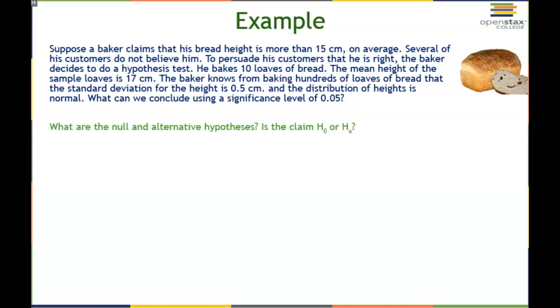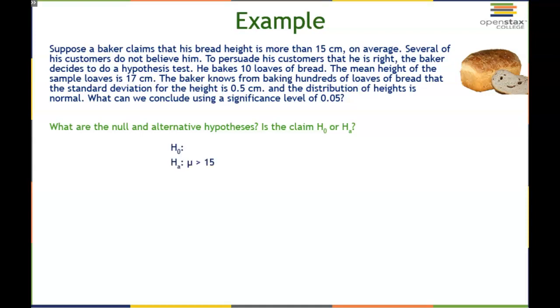Let's first figure out what our null and alternative hypotheses are, and is the claim in H0 or H1? Now he claims that his bread height is more than 15 centimeters on average. Since we're dealing with average, it's going to be mu. And therefore, if it is more than 15, mu is more than 15, which is an HA.